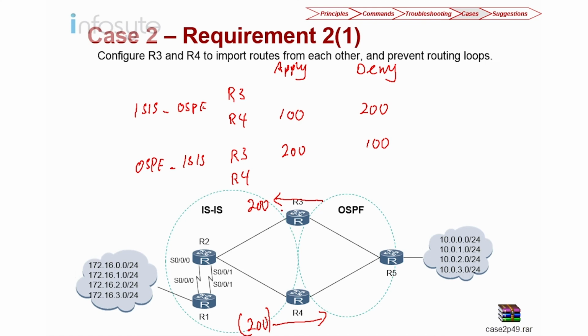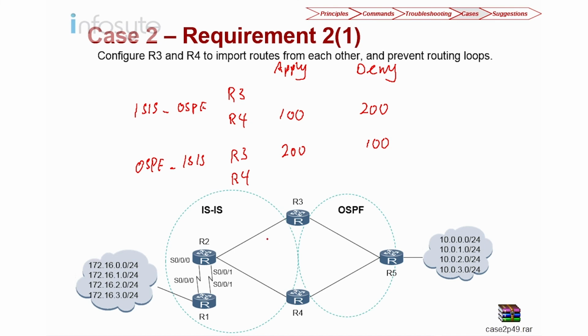Okay, so I import from Ospf into ISIS, I add a tag, and when I import back, I'm going to deny the import if I find the 200 tag. Okay, so that will be on both sides, on the ISIS and Ospf.